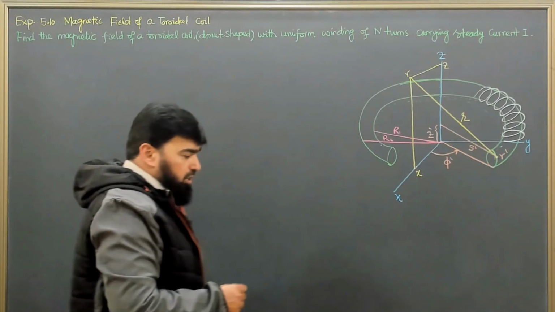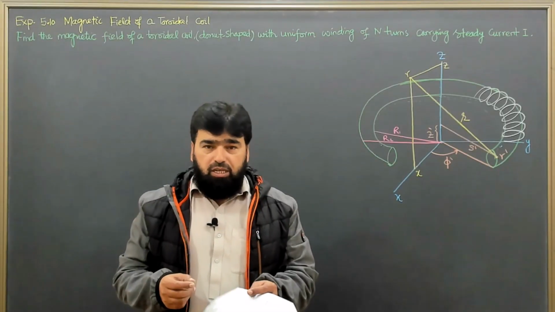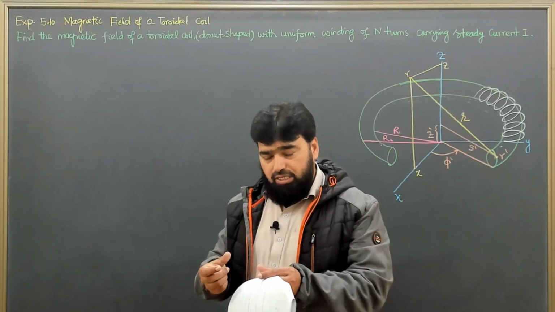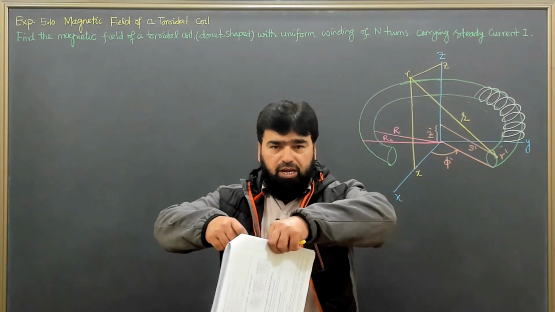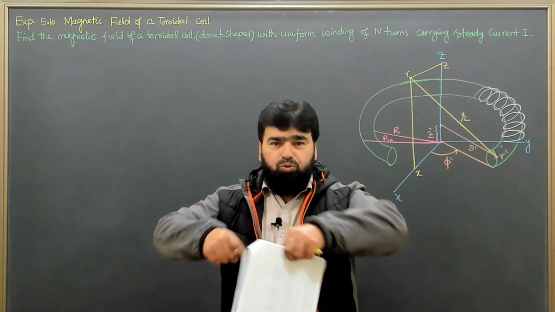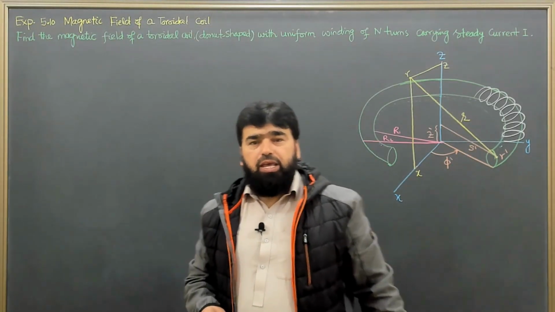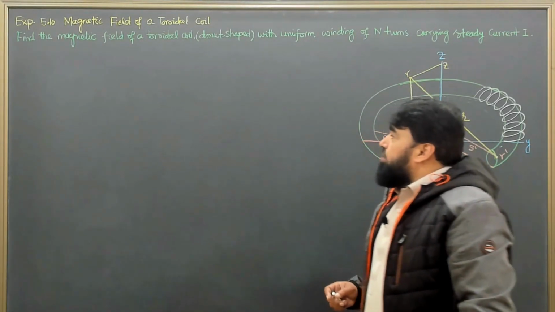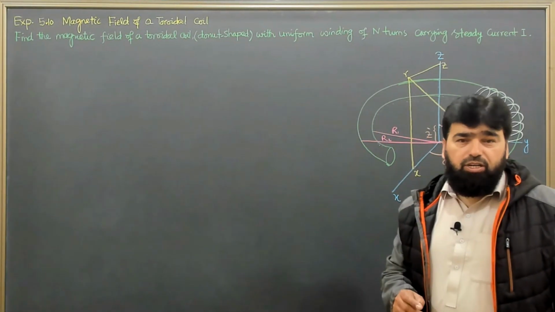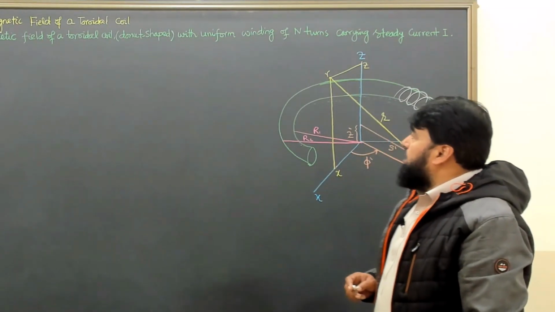Now, as I said earlier, a toroid is basically a donut shape, and it is the same solenoid which we have made like a circle. So we have joined the ends of this solenoid, and it is making a toroid. Now we are going to find out the magnetic field of the toroid system or the toroid shape.